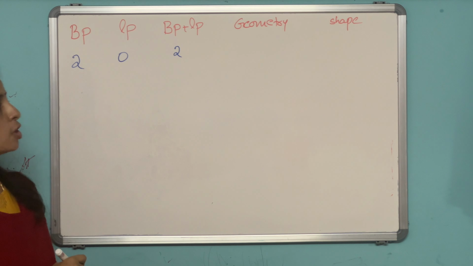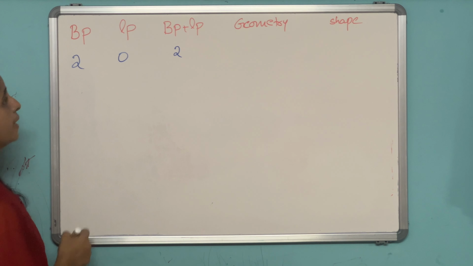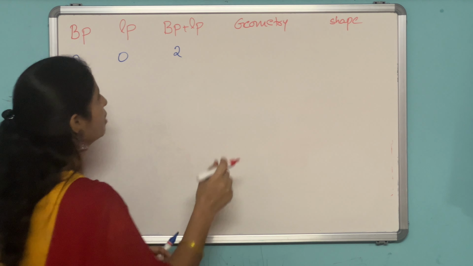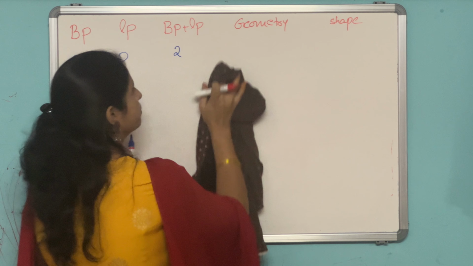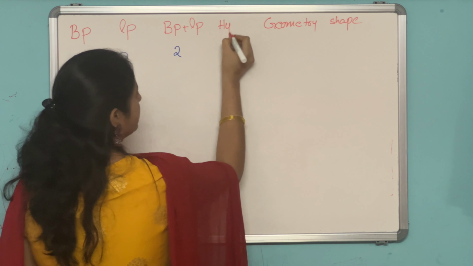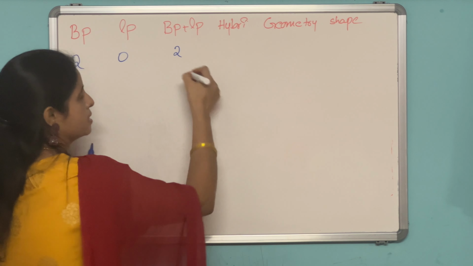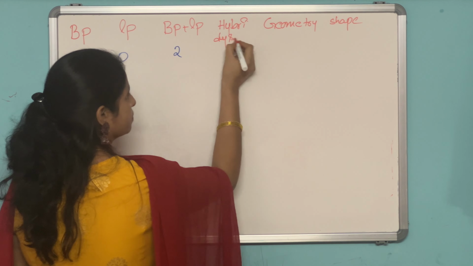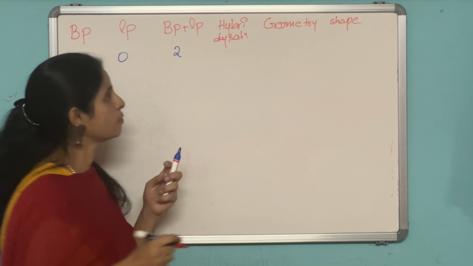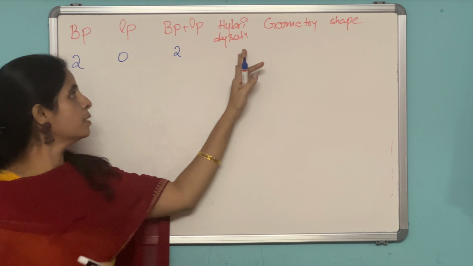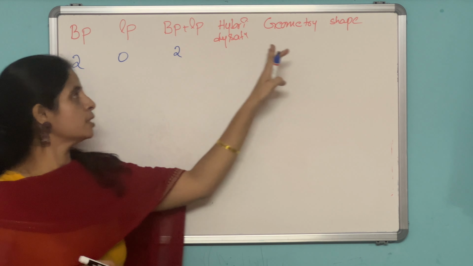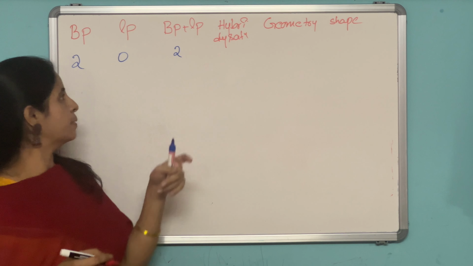Now what will be the geometry and what will be the shape? Between these two you make another column, that is hybridization.